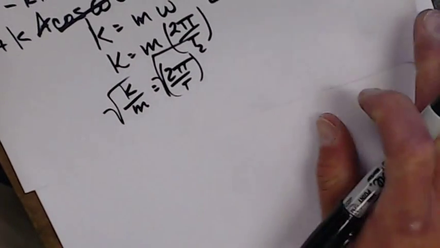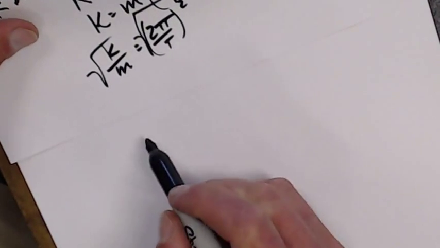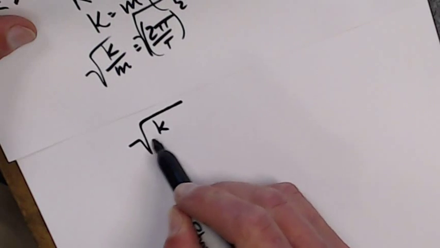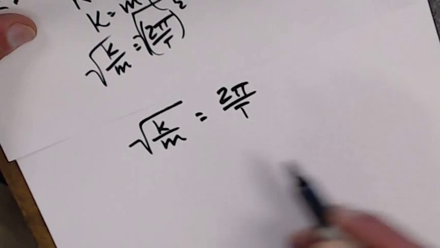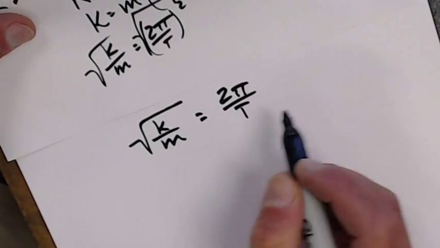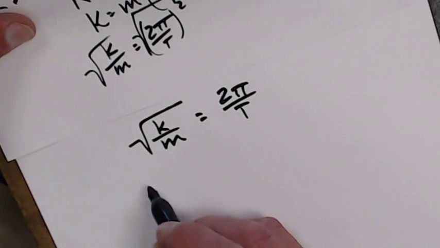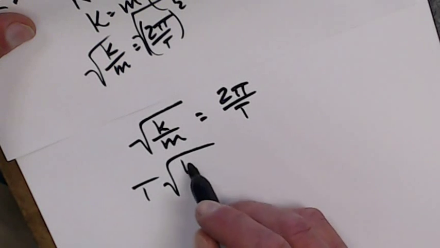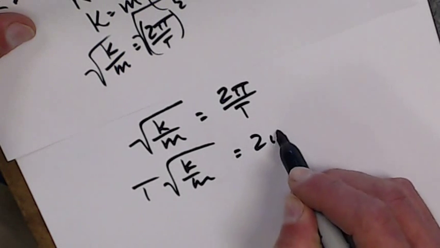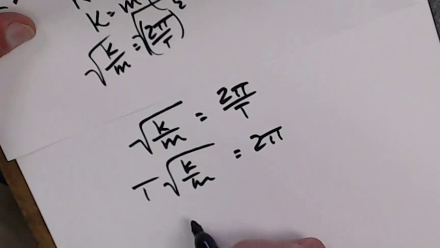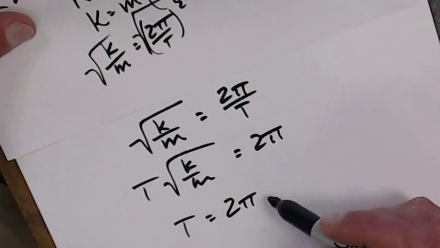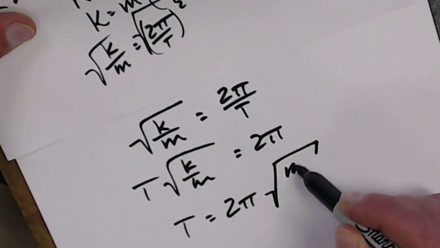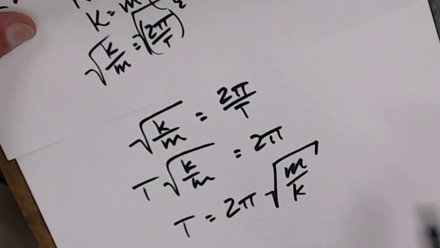Root k over m equals 2 pi over T. Now do some cross multiplying: period times root k over m equals 2 pi. And now the period is 2 pi times the root of the mass over the k.